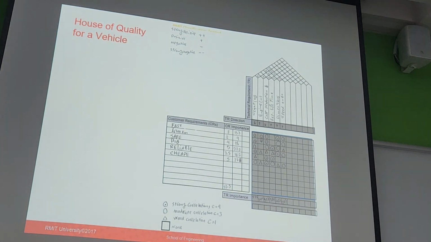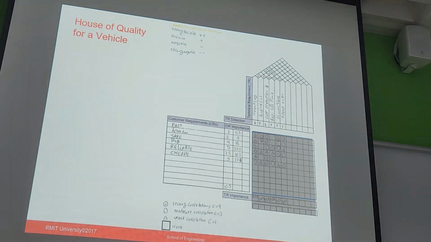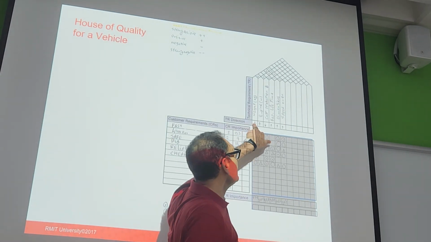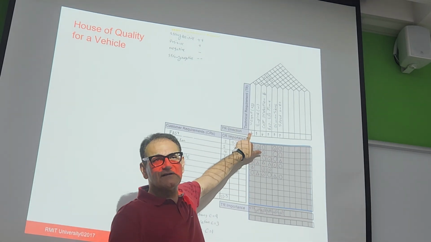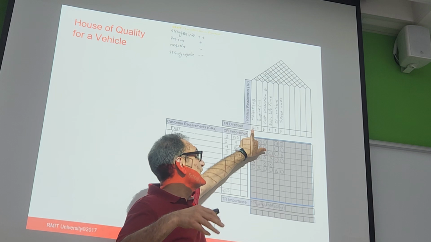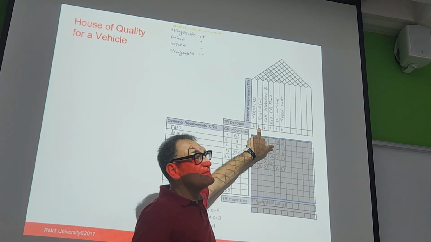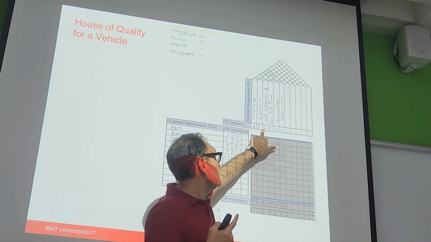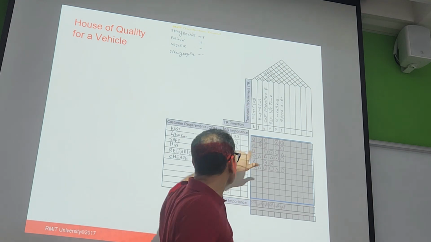Direction. Very good, direction. What do you want? The direction says, weight, what does it mean? Minimize weight, maximize engine, minimize cost because it's cheap.